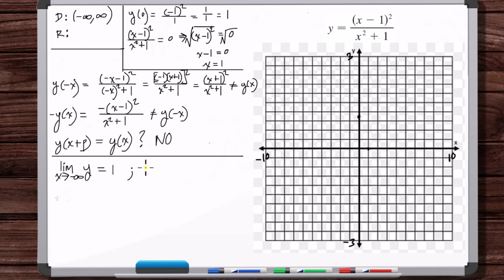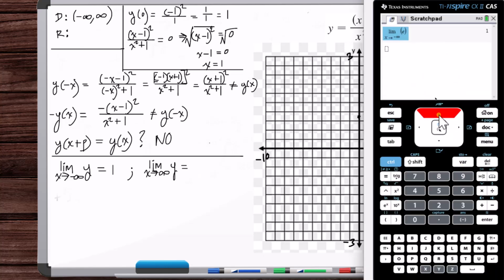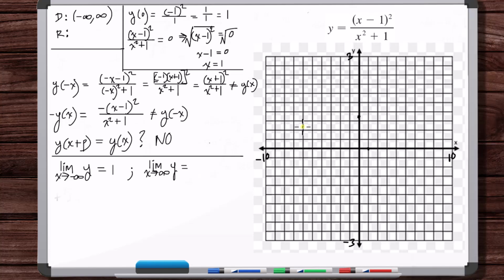Now the limit as x approaches positive infinity of the function is also 1. So we're going to have a horizontal asymptote at y is equal to 1. There's y is equal to 1.